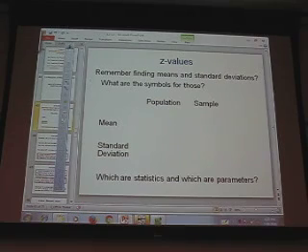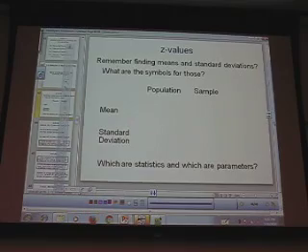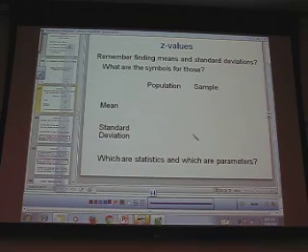Do you guys remember population mean, population standard deviation, sample mean, sample standard deviation? Talk to your neighbors and figure out what the symbols are. 15 seconds. We'll discuss them. What's my population mean?